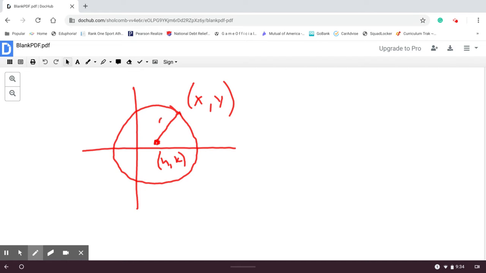The standard form is (x minus h) squared plus (y minus k) squared, and that is equal to r squared. I typically like to put the r squared on the left. So the radius squared is equal to (x minus h) squared plus (y minus k) squared.